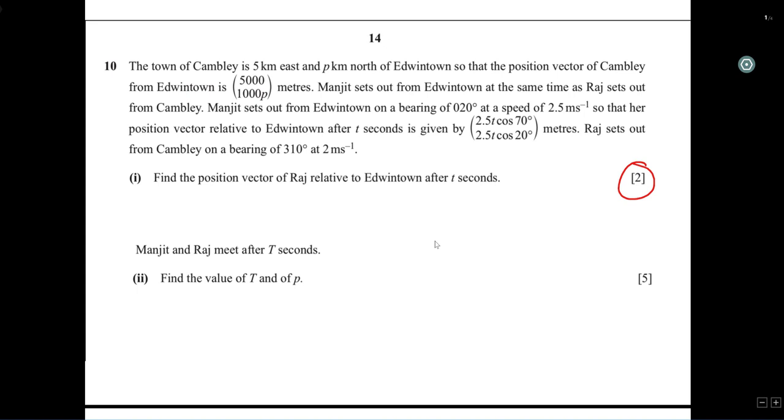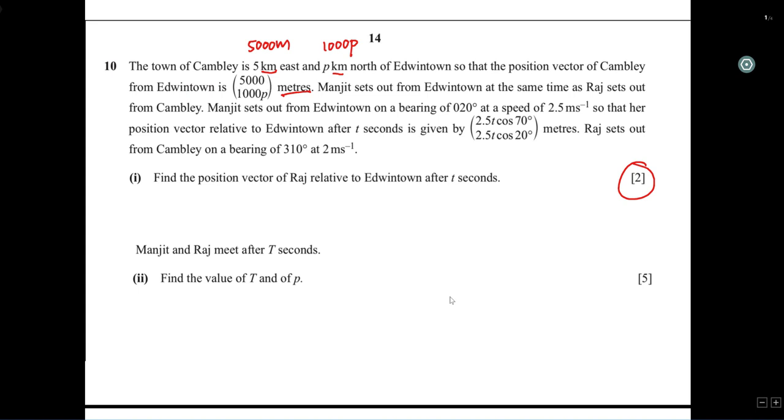Something you have to pay attention to is the unit: the answer is in meters, but the first sentence gives you km. So this means 5,000 meters, and this means 1,000p, because 1p km means 1,000p meters. This is how they get this.